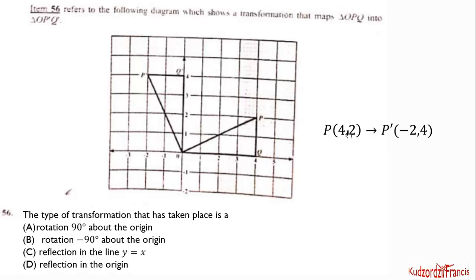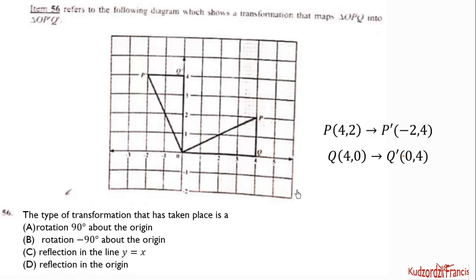Look at it. It was 4, 2. Now the coordinates have swapped, and we negated the y coordinate. Then look at Q and Q prime. 4, 0. It has swapped and this one is negated. Negative 0 is the same as 0.